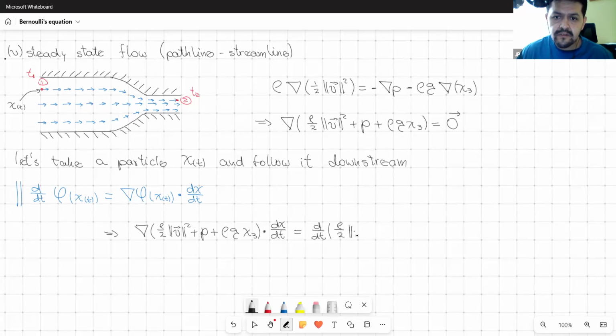So it's rho over 2 the normal velocity squared plus pressure plus rho g times x3. And if you recall, the right-hand side was 0, and so it's still 0. Not 0 as a vector, but now 0 as a scalar, okay?